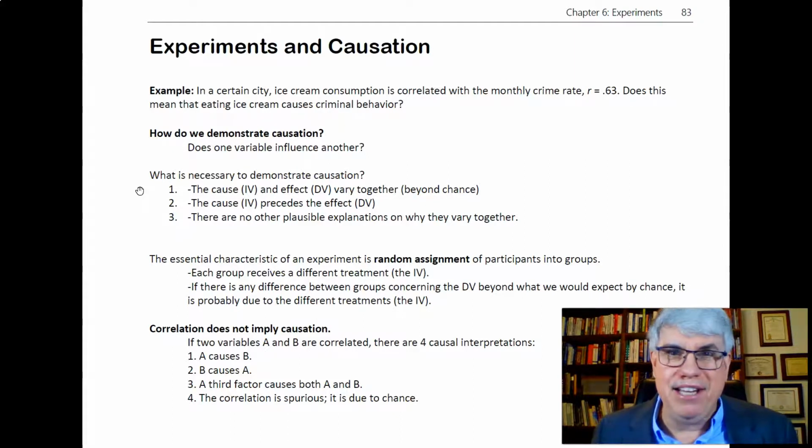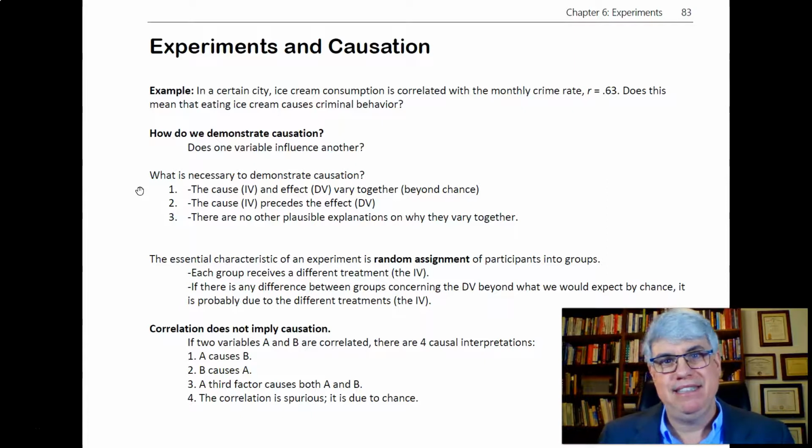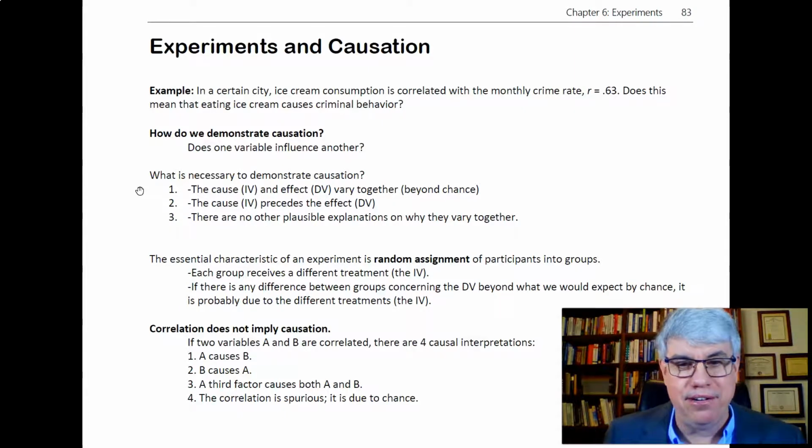But more likely, the criminal behavior of the two groups is not going to be different. If anything, maybe those who eat ice cream are happier because ice cream is so good, and they'd be less likely to commit crime.